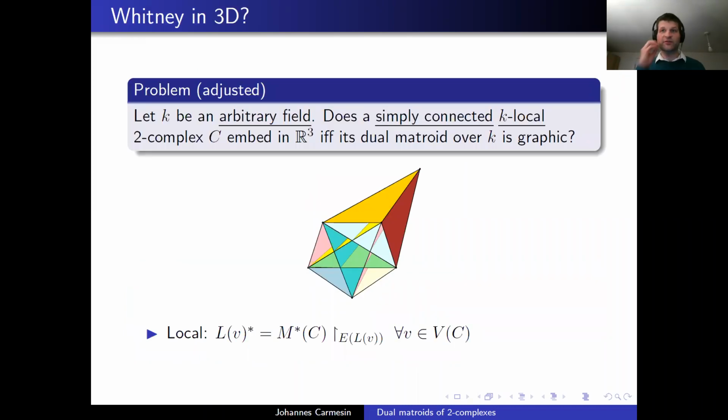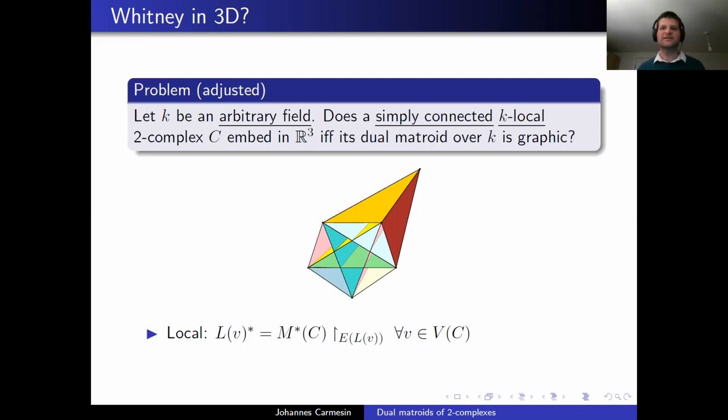Okay, so this solves one of the problems, and the other two problems can be solved much more simply. First, there was this dependence on the field, so let's be explicit about it and impose something as weak as possible about the field. We just take an arbitrary field and want this to work for every field.